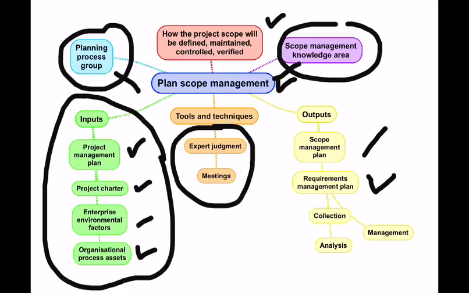The requirements management plan talks about how we are going to collect the requirements. Is it through online forms? Is it through face-to-face interviews? And how many of them? And after collecting the requirements, we need to analyze them. Somebody has to analyze them, and changes to the requirements have to be managed as well. So all these things get into the requirements management plan.